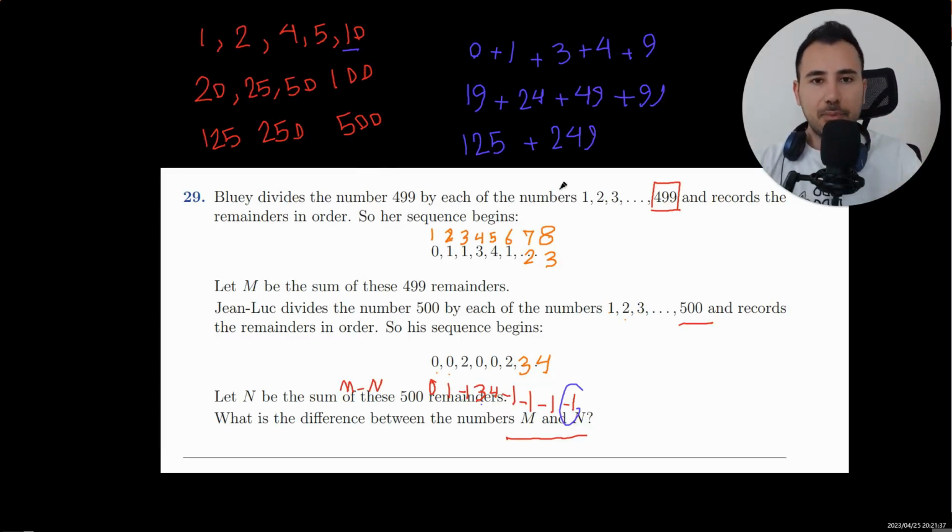So these are the positive numbers. Okay, so but how many negative numbers do we have? Okay, so we had 499 numbers, and from these 499 numbers, okay, we had 1, 2, 3, 4, 5. You could count it: 6, 7, 8, 9, 10, 11. 11 of them are not -1. The rest are -1.